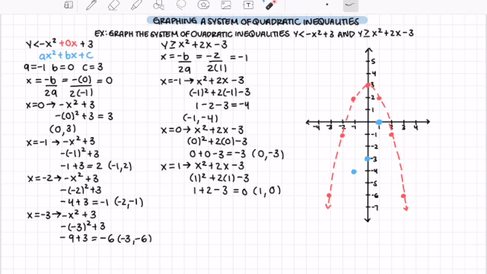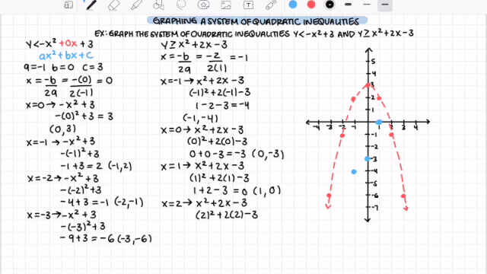And then the last point that's 3 spaces away from the graph is 1, 2, and 3. So it'd be +2. So when x equals 2, for x squared plus 2x minus 3, I get 2 squared plus 2 times 2 minus 3.